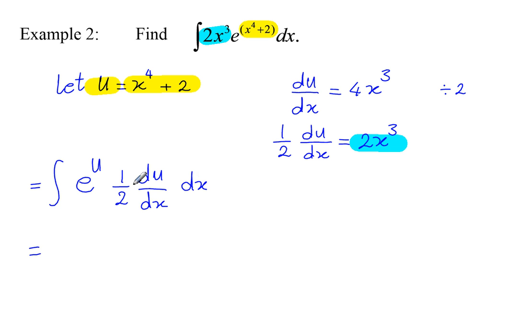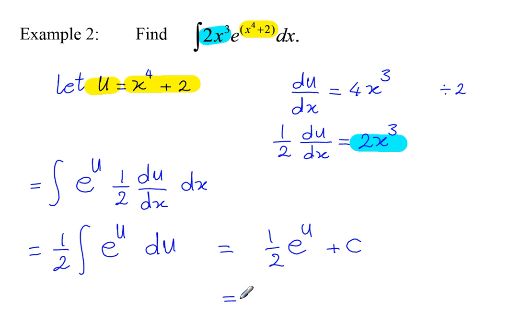Just rewriting this here, half is a constant, so that can be written outside the integral sign, so half of the integration of e to the power of u, and du by dx with respect to x will end up being du, and then therefore the integration is half, and the integral of e to the power of u is e to the power of u plus constant.